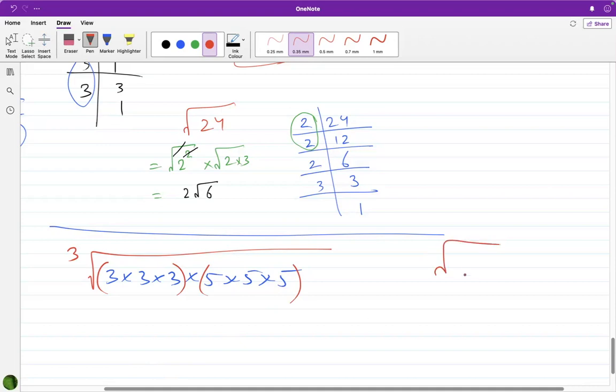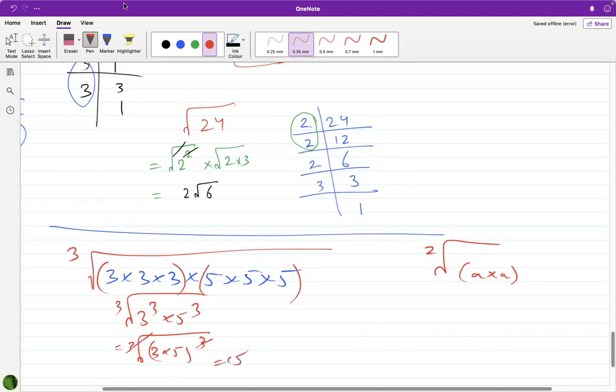When we are asked to find a square root, we make sets of 2. So we'll be left with 3 cube times 5 cube, whole cube root. That is 3 times 5, which is 15, and 15 is the answer for this particular question.